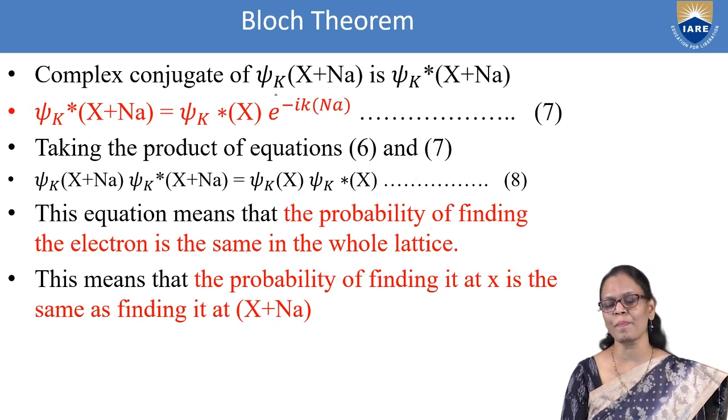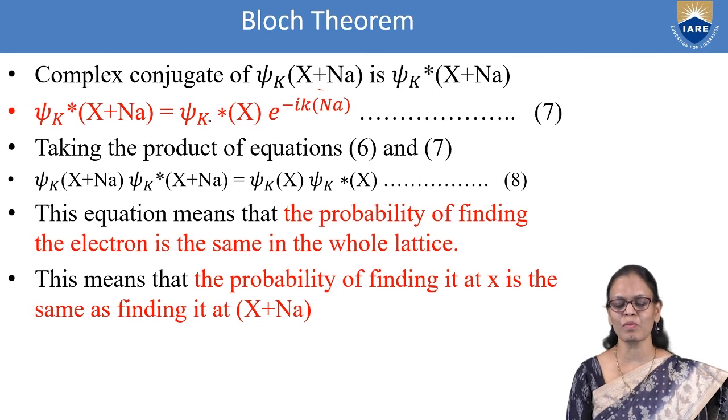So the complex conjugate of psi_k(x + Na) will be psi_k*(x + Na), which will be equal to psi_k*(x) into e^(-ikNa). So the complex conjugate of e^(ikNa) will be e^(-ikNa).